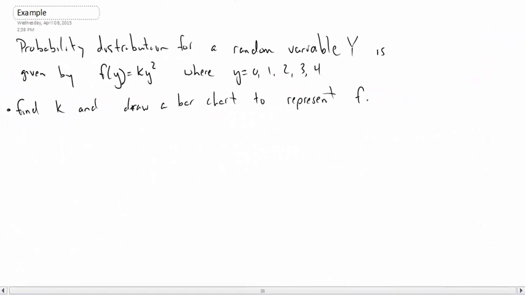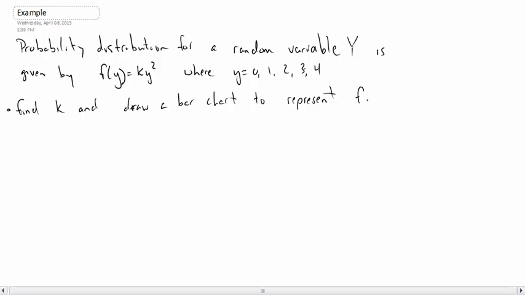Our next example, we have more of a mathematical probability distribution. Our probability distribution is given by a function f(y) equal to k times y squared, where y can take on the values 0, 1, 2, 3, or 4. Find k, and then draw a bar chart to represent f.